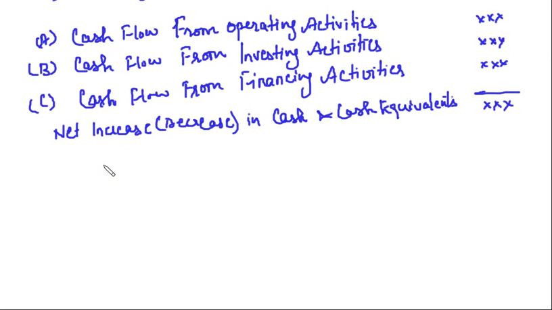And this cash and cash equivalents, what we have calculated is the flow of cash during the current year, whether it is a cash inflow or cash outflow. What is our cash flow during the current year?